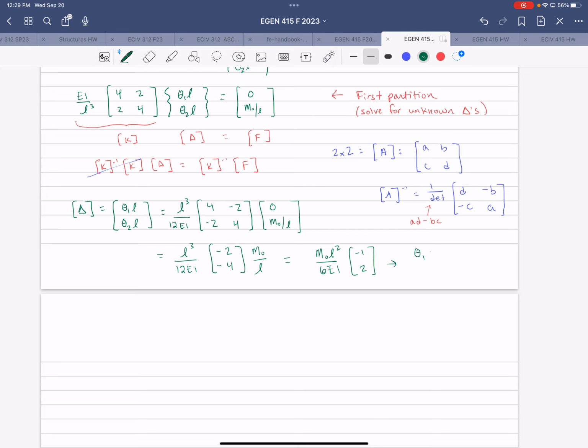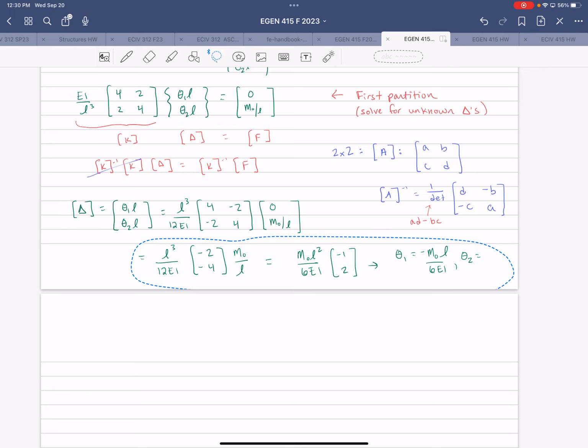So theta 1, if we factor the L's back in to the other side, we'd have negative m naught L over 6EI for a dimensionless result. And theta 2 will be m naught L over 3EI.